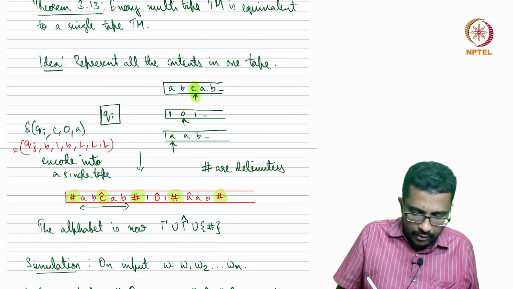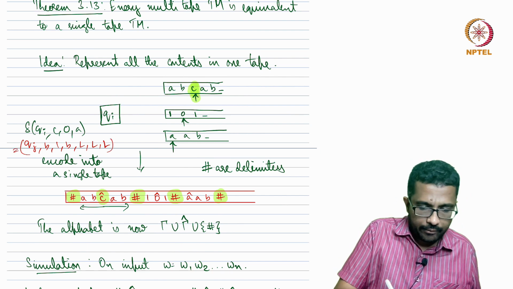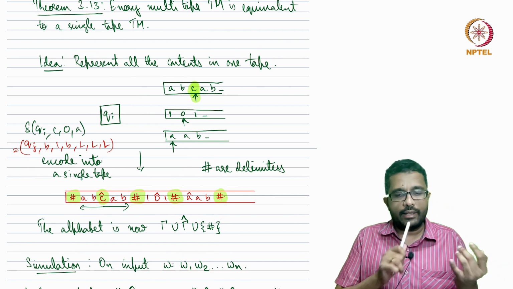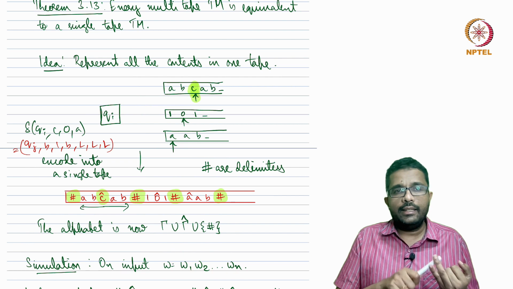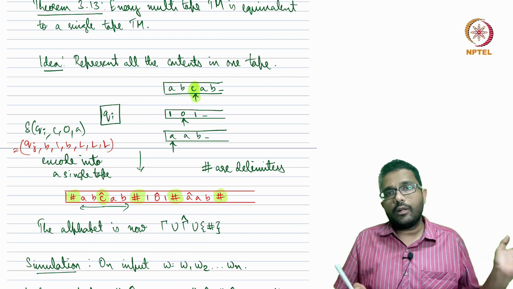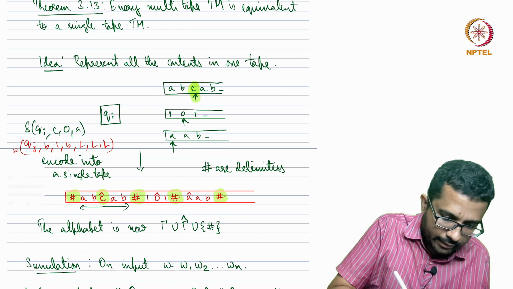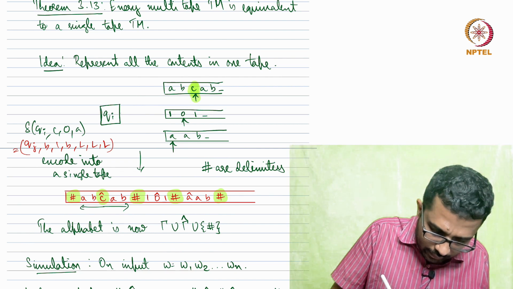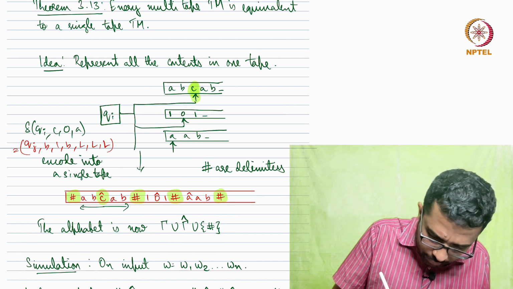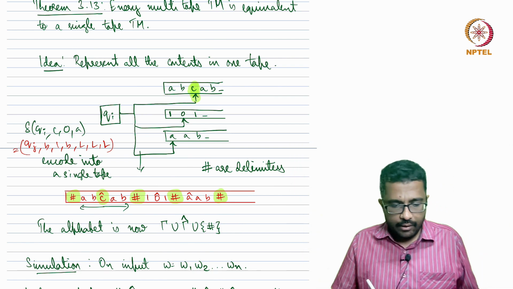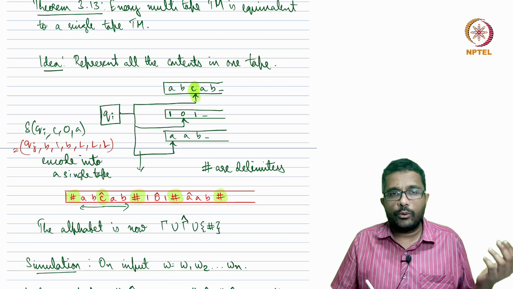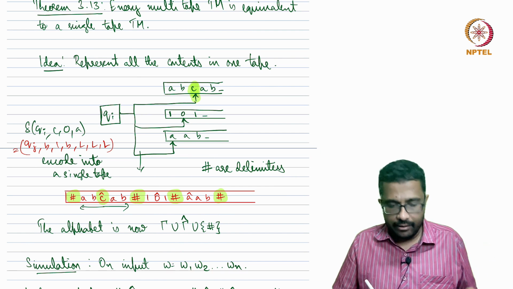First the head goes from left to right, understands what is represented, and comes back to the left. So now it knows that it is in state Qi and the heads are pointing to C, 0, A. Now it knows the rule of the original multitape Turing machine: delta of Qi, C, 0, A is Qj, B, 1, B, L, L, L.